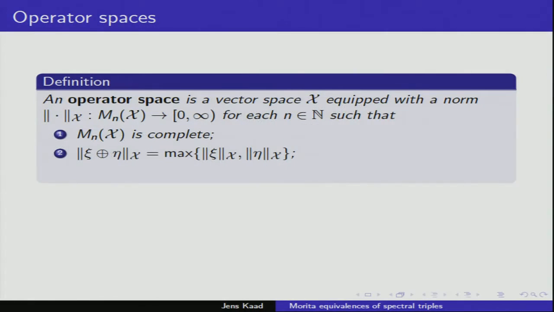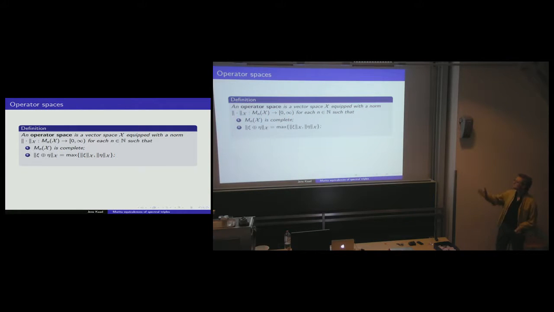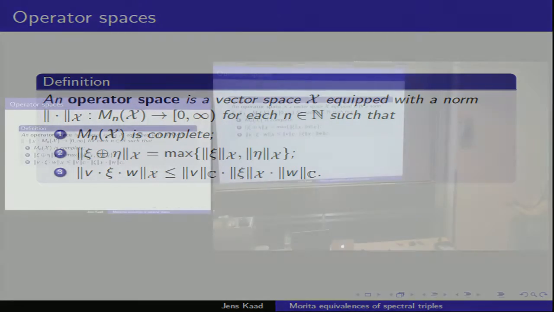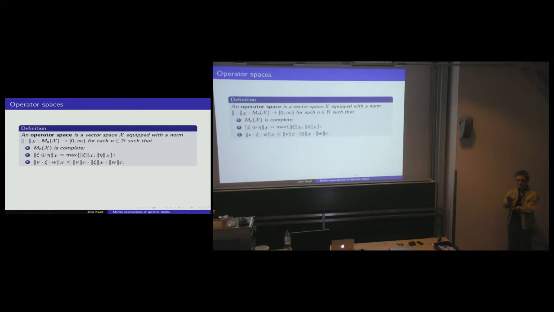The second one is that if I take two matrices and I form their direct sum, then the norm of this direct sum, so this block diagonal matrix, has to be the maximum of the norm of psi and the norm of eta. Okay, second condition. The third condition is that if I now have an n by n matrix psi with entries in X, and I have n by n matrices V and W, both with entries in the complex numbers, then I can look at the matrix product of V, psi and W because X is a vector space.